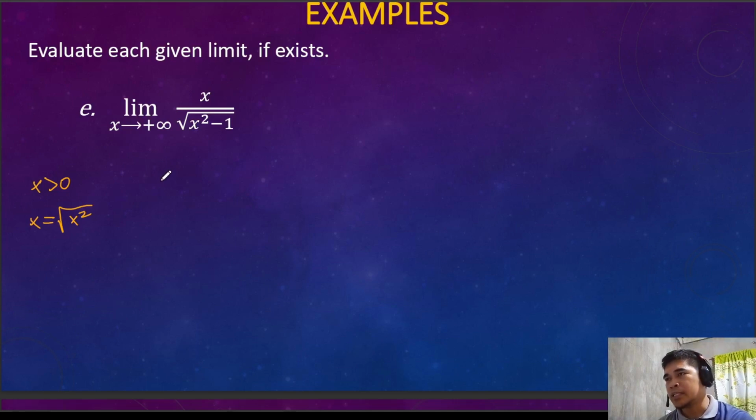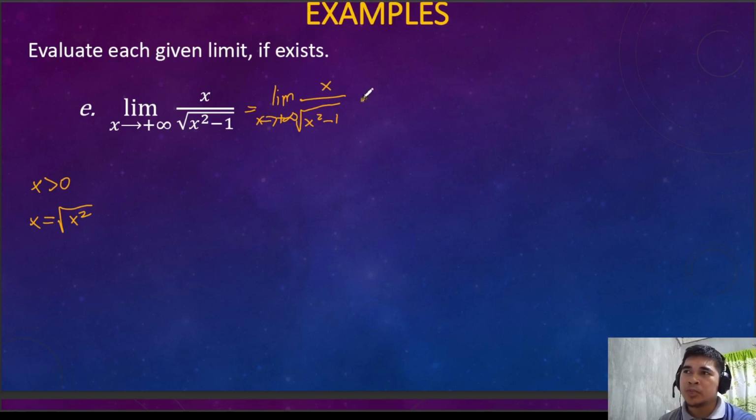So, the difference from the previous examples is that we have a denominator which is a radical. Okay? So, here, we have the limit of x over square root of x squared minus 1 as x approaches positive infinity. So, take note, if there is a radical sign in the denominator, we need to multiply it also, so that the radical sign is removed.